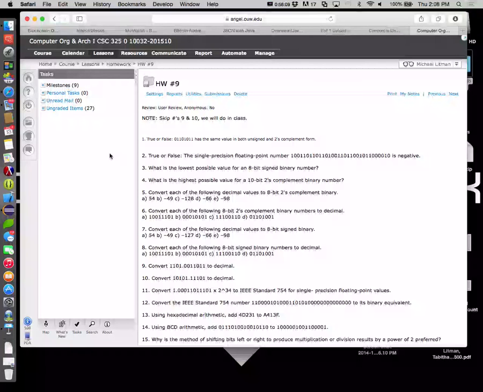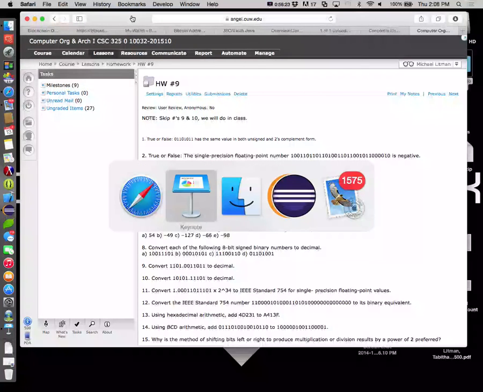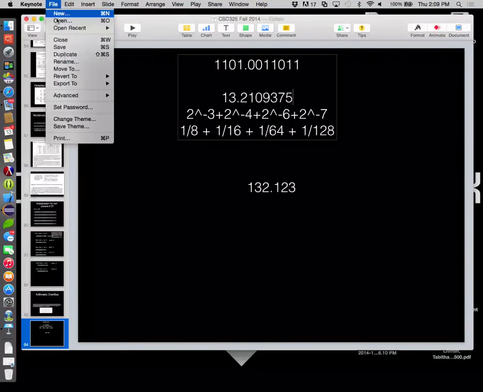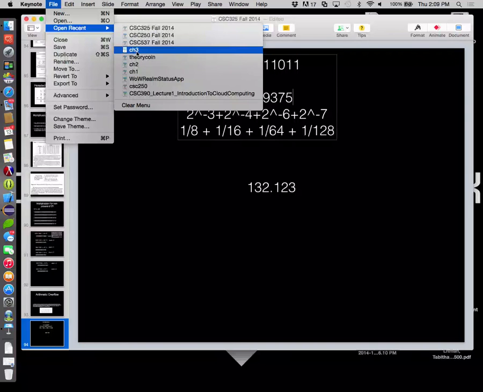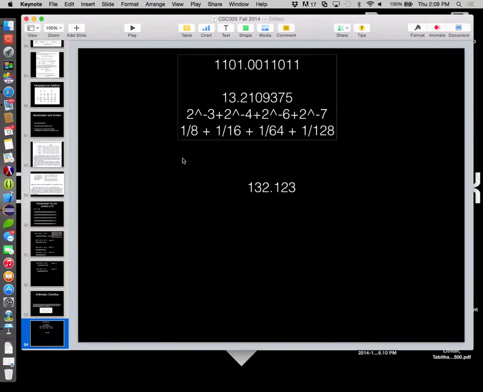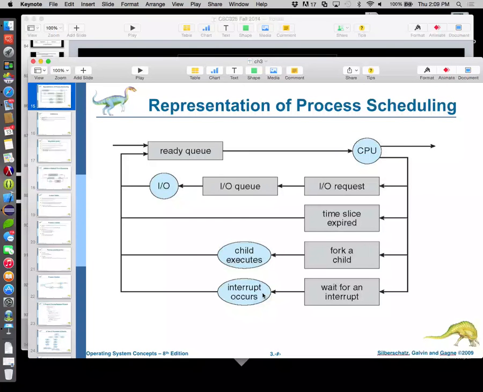Not as bad as the operating system joke from yesterday. Did everybody in here hear about that? The operating systems class joke? Yeah, I had a slide. I can show you the slide real quick. That'll cheer us up if some of you are depressed about the homework. It was chapter 3, right? Yeah.